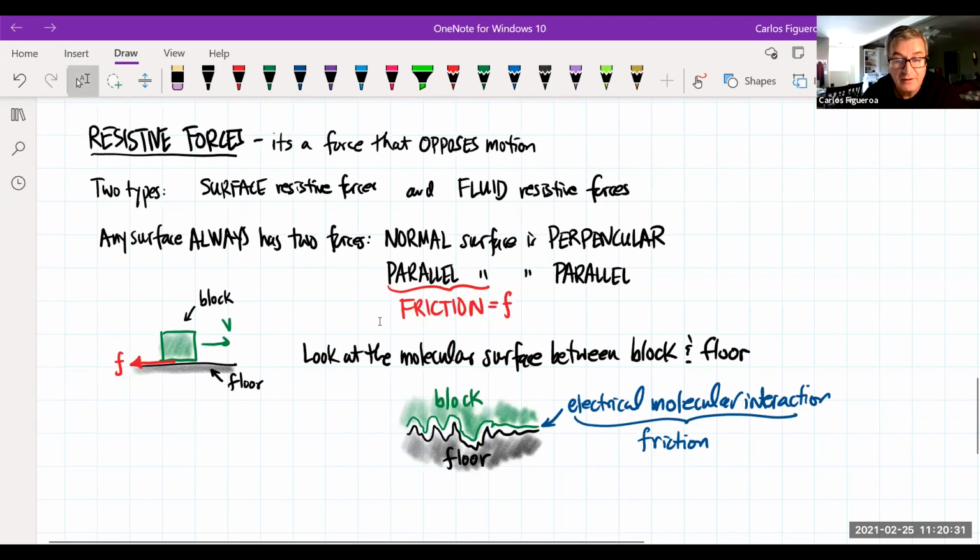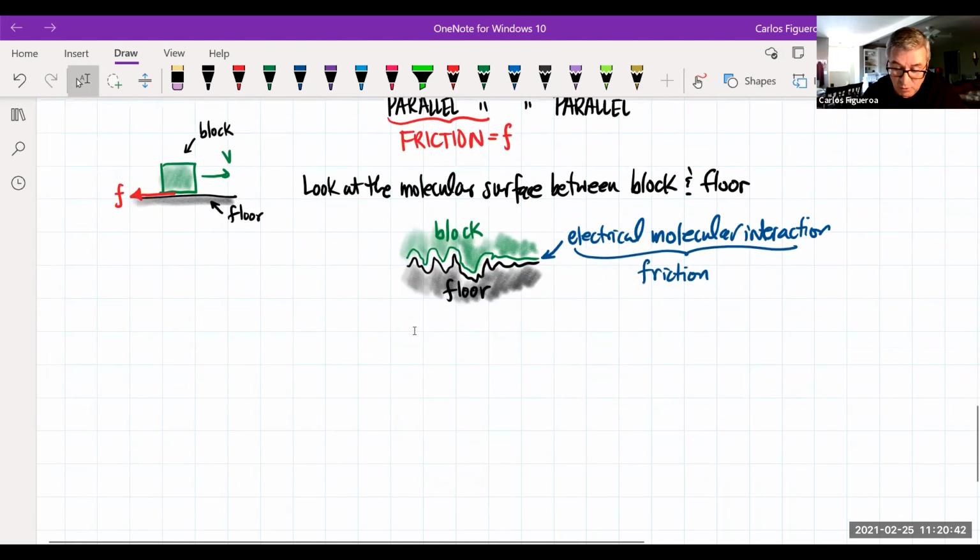It's this molecular interaction between these atoms, and different materials have different interactions, and so friction is different between two different objects. So you can see here that this green block is sliding in this direction, then the peaks of the green ones are interacting with the peaks of the black ones. And so you have this relative motion between the two surfaces here. And it's this peak interaction that effectively gives rise to friction here.